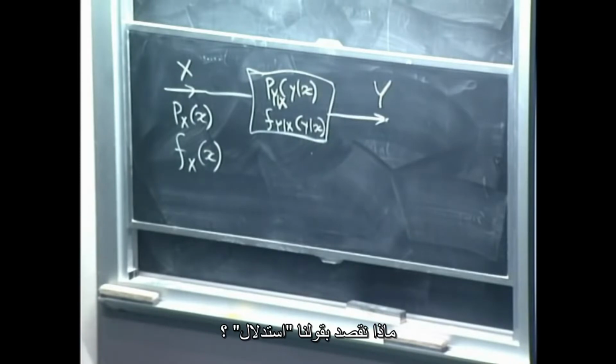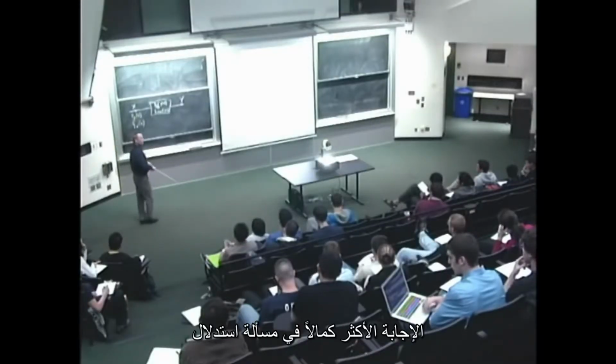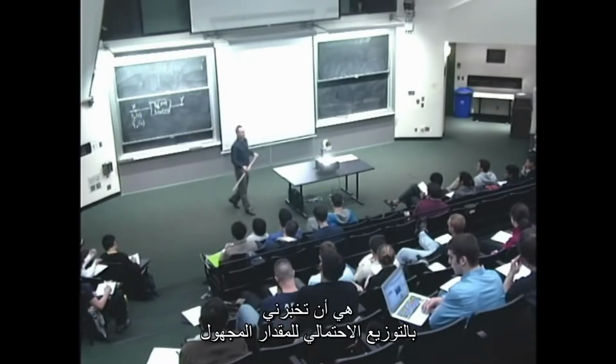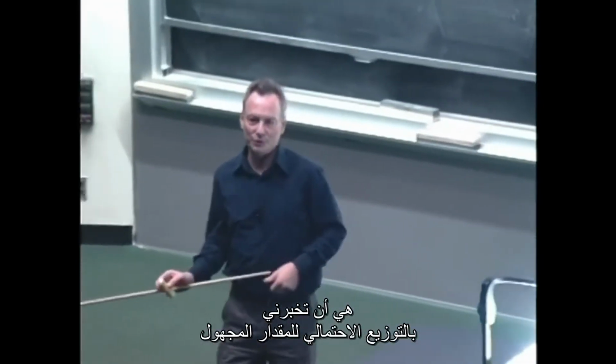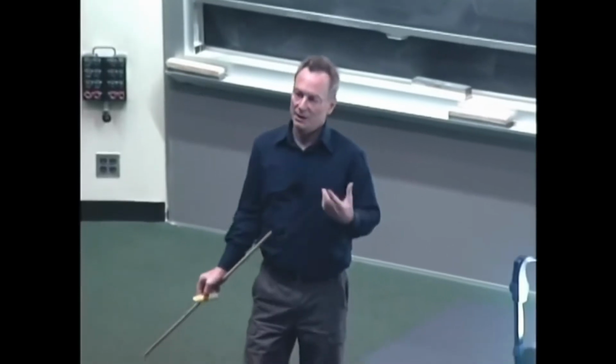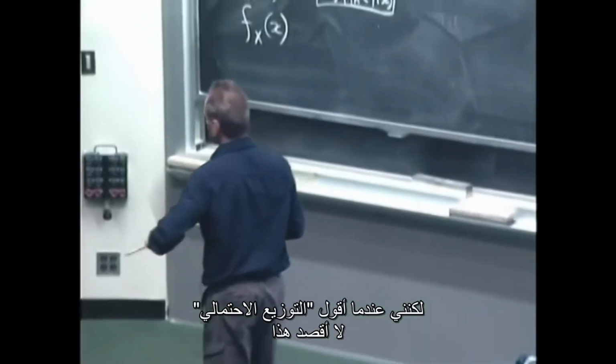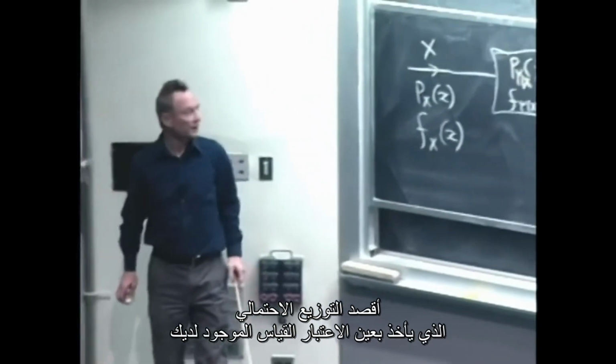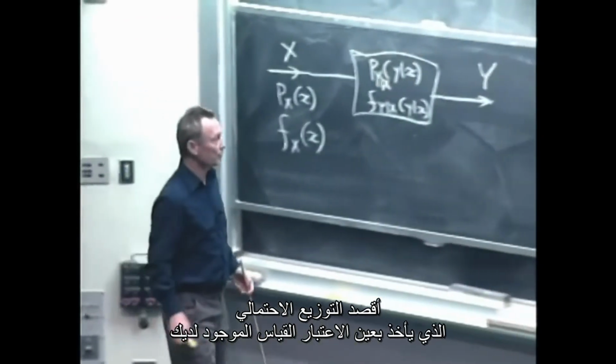What does it mean to make inferences? Well, the most complete answer in an inference problem is to tell me the probability distribution of the unknown quantity. But when I say the probability distribution, I don't mean this one. I mean the probability distribution that takes into account the measurements that you got.